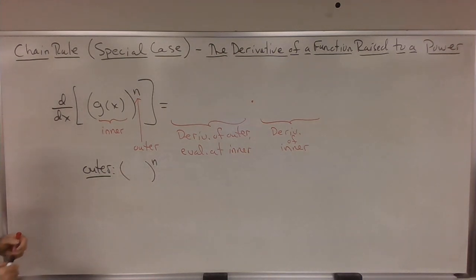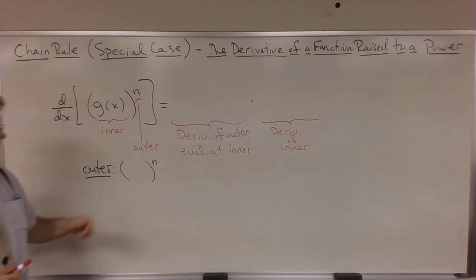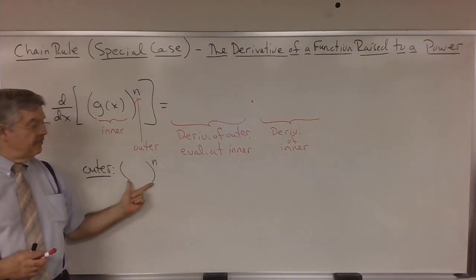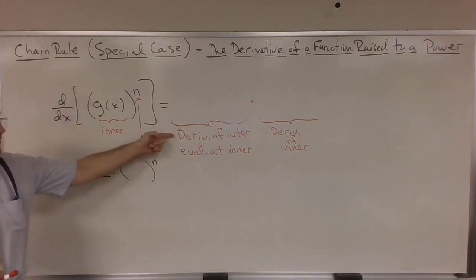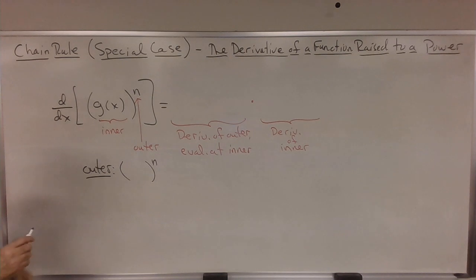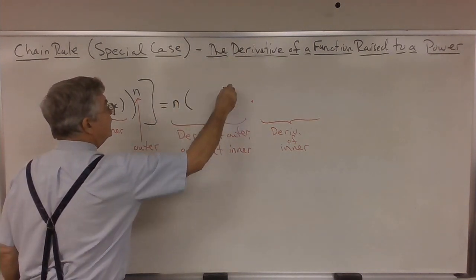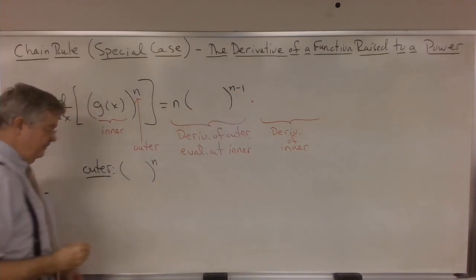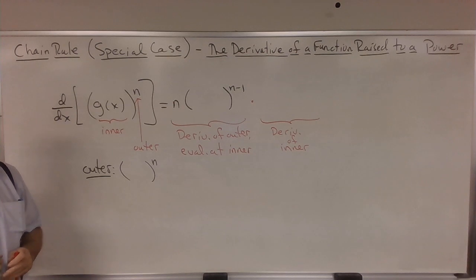That's the outer function. To compute the derivative of this mess, we need the derivative of the outer function. Well, the outer function is something raised to the nth power. So the derivative of the outer function, using the power rule, is n something to the n minus 1. There's the derivative of the outer function.